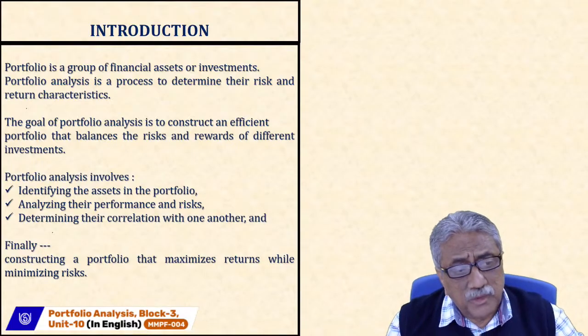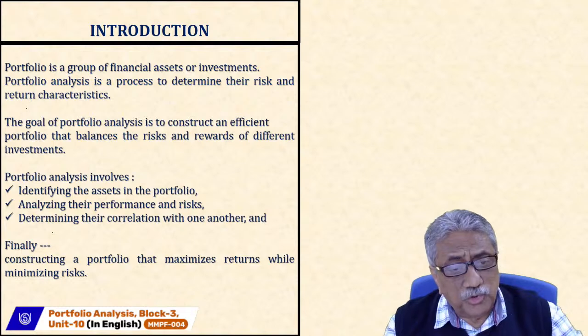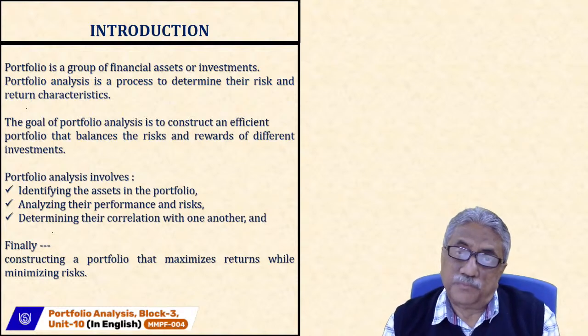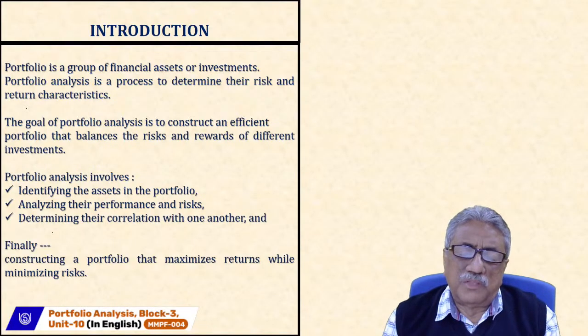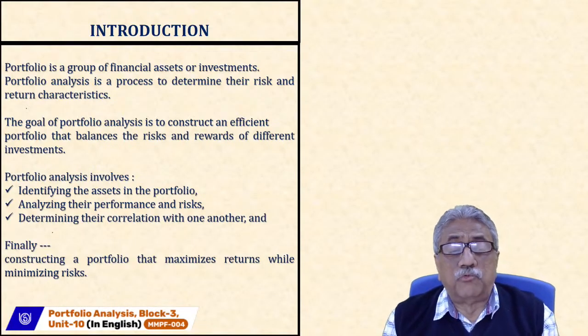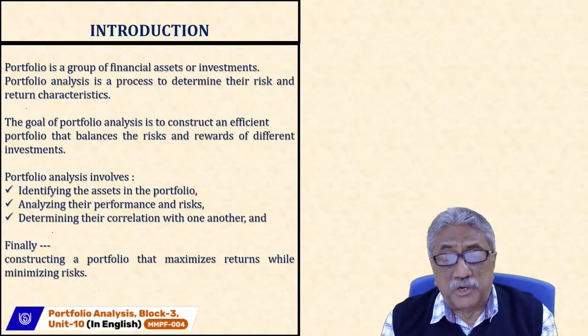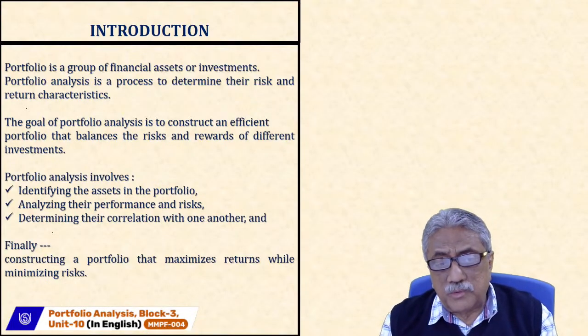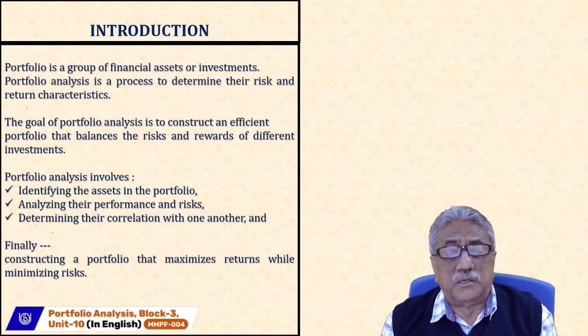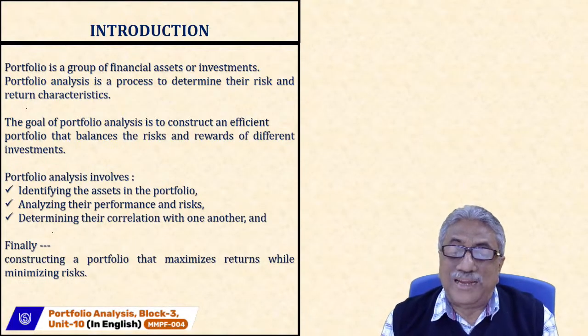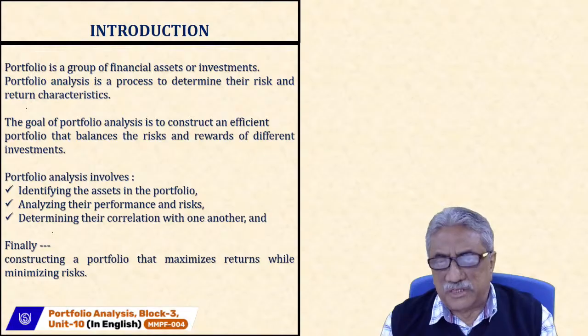Because finally, constructing a portfolio, what is your purpose? Your investable surplus, that money you want to put, build a portfolio so that you can get a maximum return with less risk. Now it is very difficult to get maximum return and minimize risk, but you try to get adequate return for a given risk.